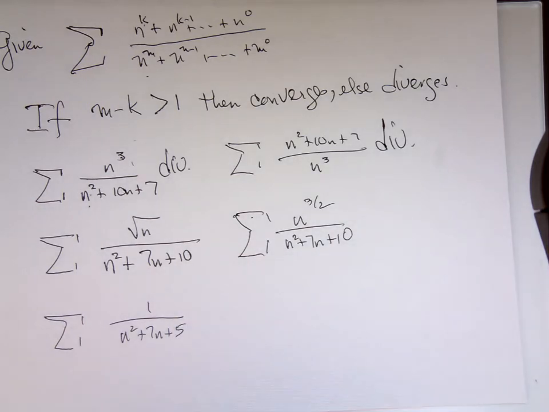It's 2. Therefore, it will converge. Absolutely right. Because the degree of this one is 0, n to the 0 power. You always write this in descending order, so make sure the greatest exponent is first. All right, any questions on those?